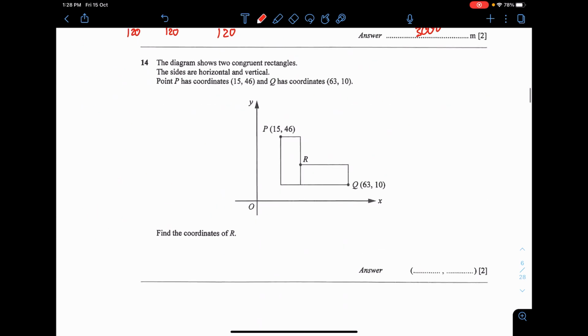Next question. This question here is also quite a confusing one. The diagram given here, you need to find out the coordinate of R. These two are congruent rectangles, the same length, the same width, both of them. So I need to find the point R just by doing this.